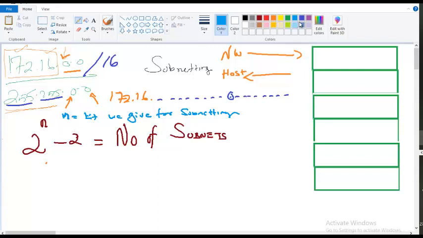Let us assume that I want to give 1 bit from here for networking. Let's see how many subnets we get. 2 to the power of 1 minus 2 is nothing. No subnetting possible. Let's try to give 2 bits.